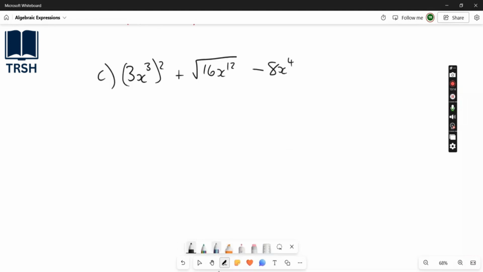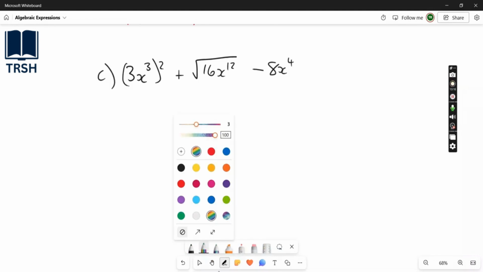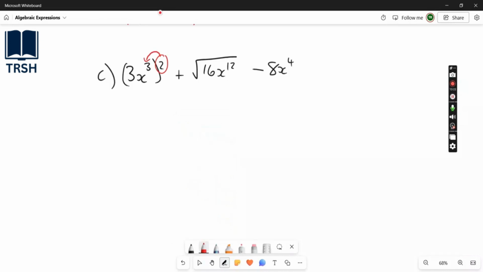So again, laws of exponents tells us that if we have an outside exponent, it needs to get multiplied with all the inside exponents. You can't just multiply with that only. This 3 has 3 to the power of 1. So we need to multiply 1 with that 2 as well. Remember, guys, this is 3 times x to the power of 3. This is literally what we have to the power of 2.